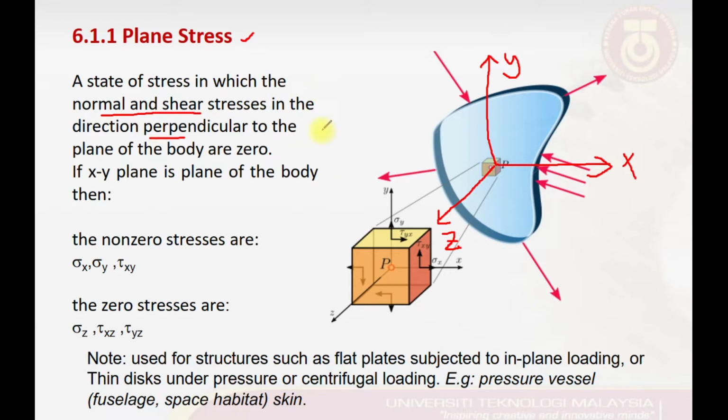As stated, the only non-zero stresses are the normal stresses in the x and y directions, and also the shear stress on the xy plane. However, the zero stresses are the ones acting in the thickness direction, or z direction, which are three terms with zero stress value: the normal stress in z, and the shear stresses in the xz and yz directions.